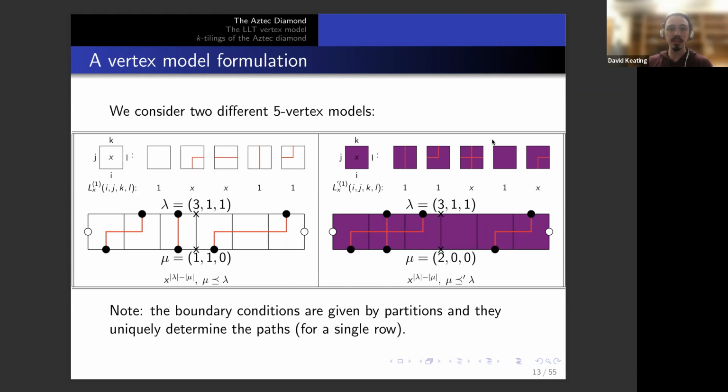So they're a different 5 vertex model. And we can assign partitions to the boundary conditions for a row in the same way as before. But now these weights force that the row will only have non-zero weight if lambda and mu interlace.